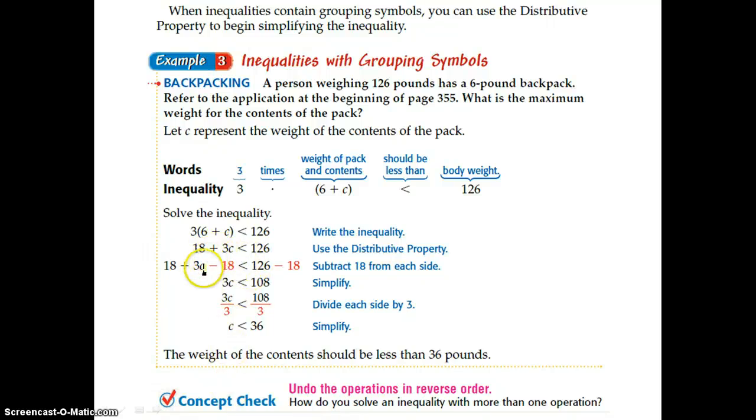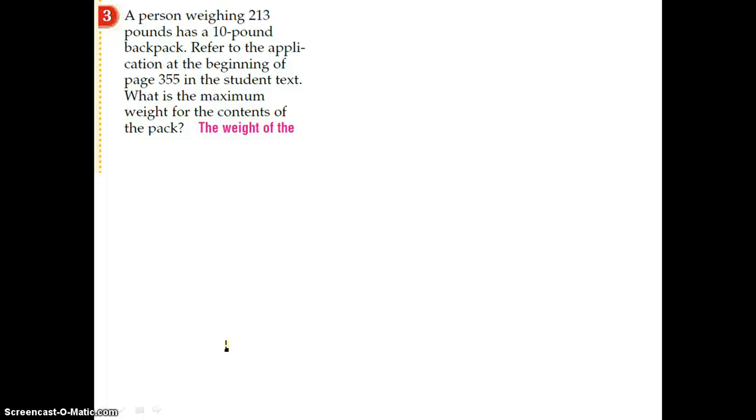So here we subtracted 18 from both sides, and then you do the opposite of multiplication, which is division, to isolate your variable. All right, so try this. Take a couple minutes to figure this out, and then come back and we'll work on this together.